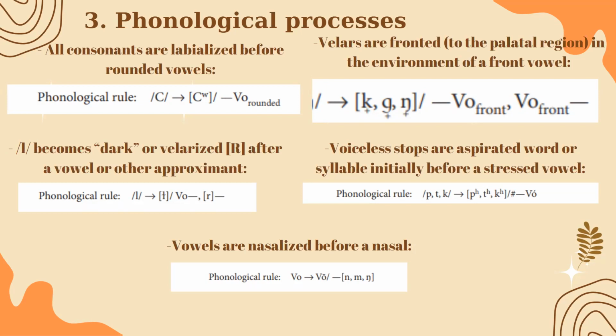The other one, vowels are fronted to the palatal region in the environment of a front vowel. L becomes dark or velarized after a vowel or other approximant. Voiceless stops are aspirated word or syllable initially before a stressed vowel, and vowels are nasalized before a nasal. You can see this phonological rule in the below pictures.